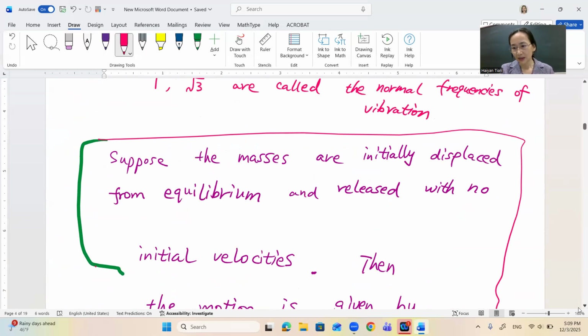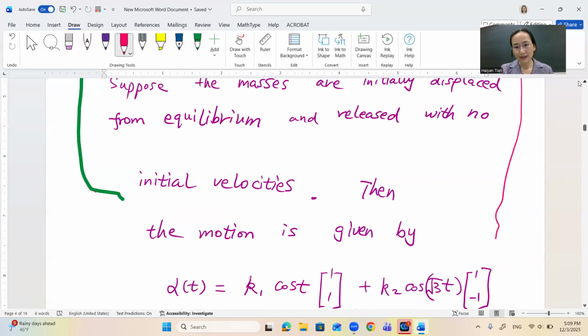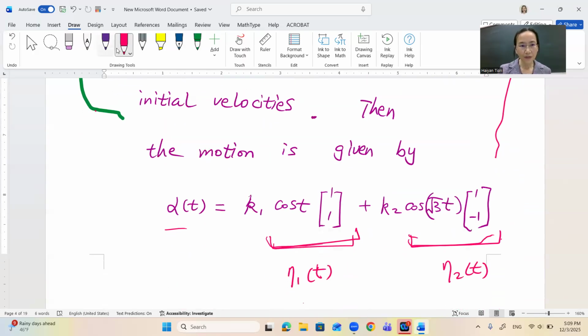Can you possibly write the X into a superposition of 3 motions? So if you can, you see this is the one normal mode, the other normal mode, and then for the 3 coupled masses, you will have a third normal mode.